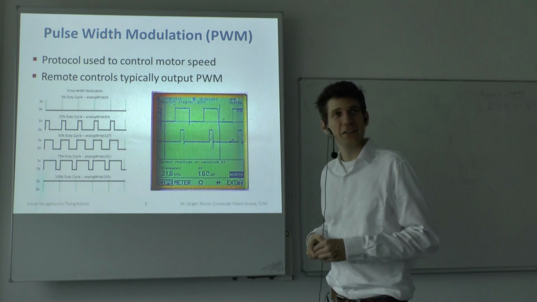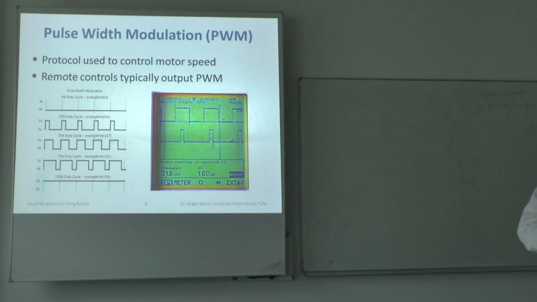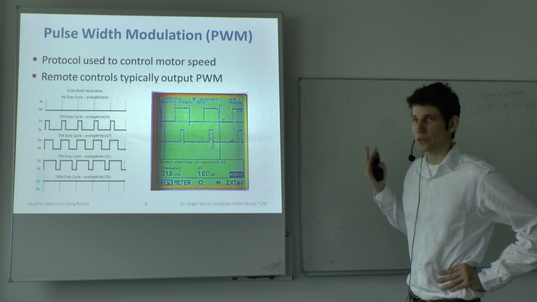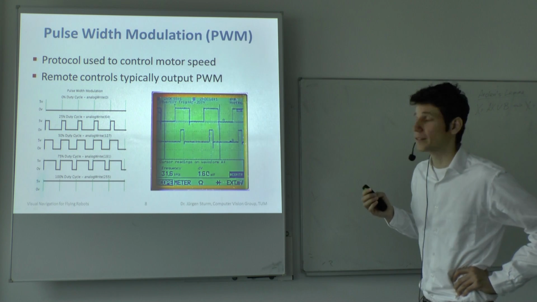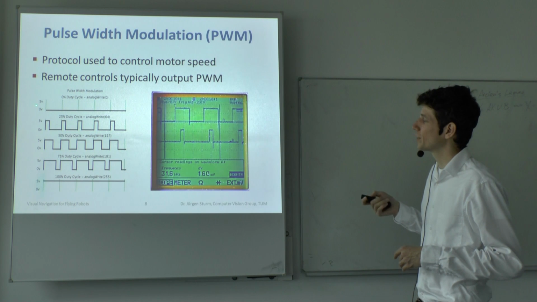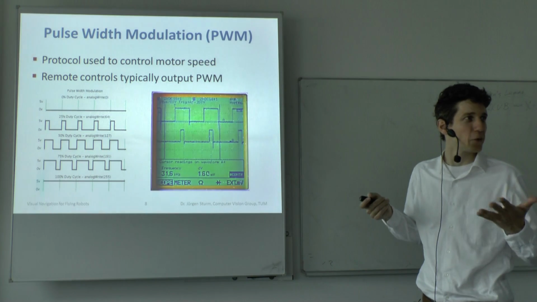The signal that's used there is actually quite common, so I thought I'd show you a plot of how this looks. This PWM signal means pulse width modulation, and it's used for a lot of things in electronics. The idea is that it's a digital signal, so it only has 0 or 1.